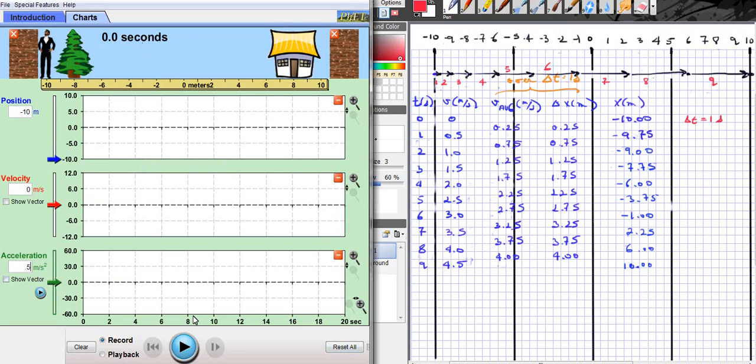Okay, what I'm trying to do is change the scales here, so you can actually see what's happening.